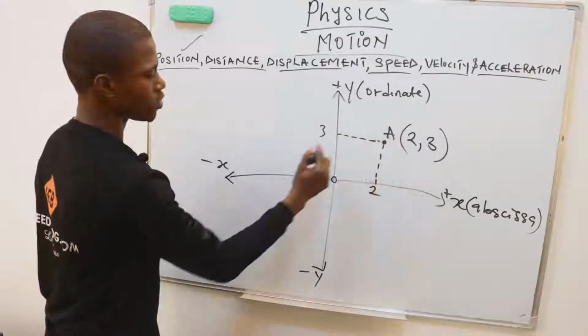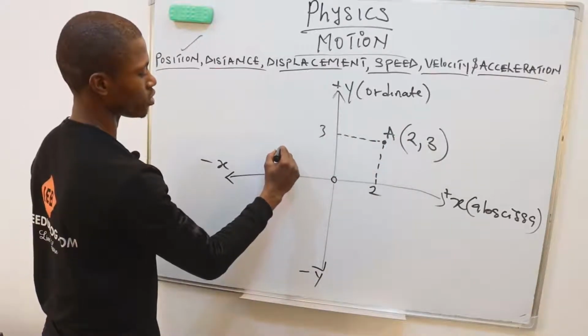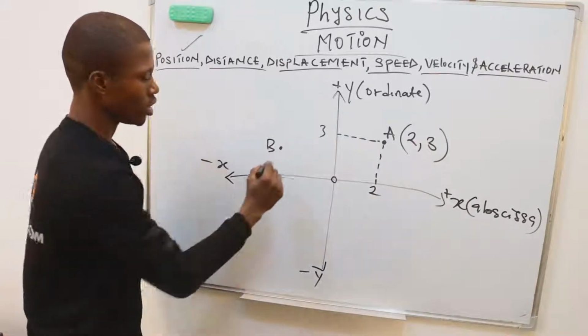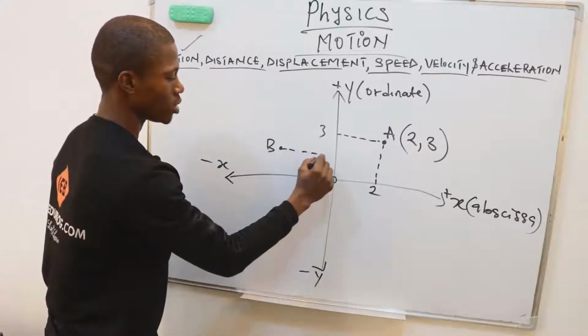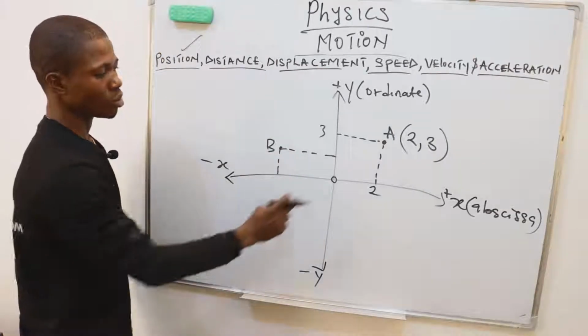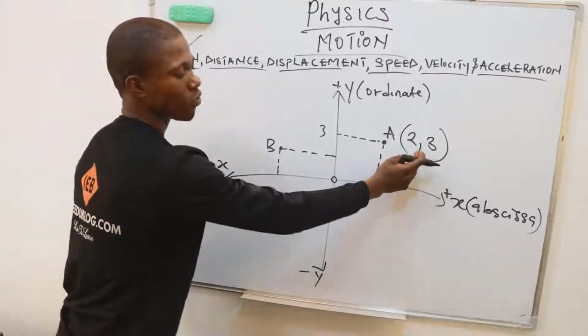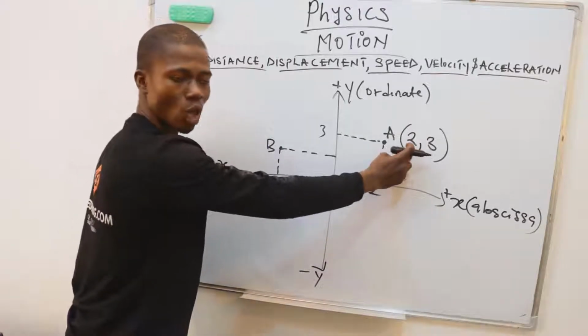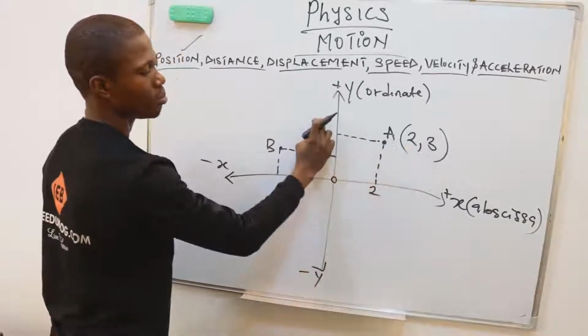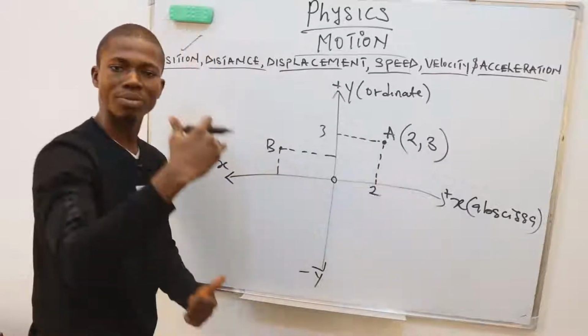What if this point also appears here? Let's say here is point B. How can we get the position of this point? We just do as normal, trace it to our y coordinates and trace it to our x coordinates. But we first put our x coordinate before our y coordinate, which comes later.